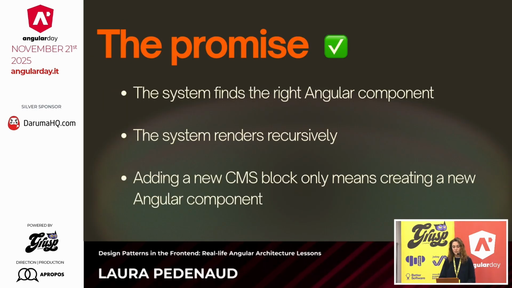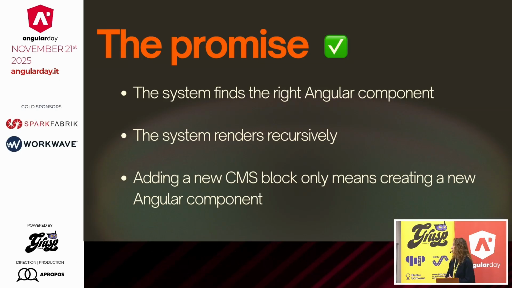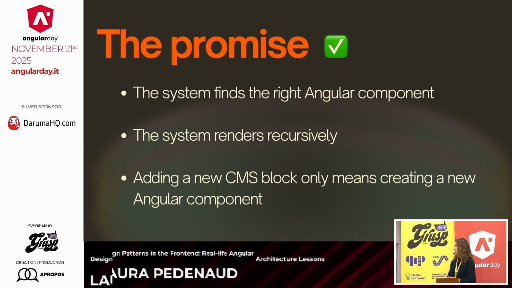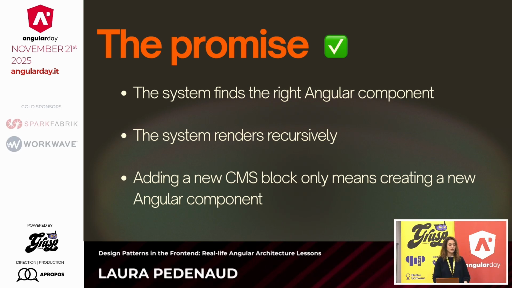So we respected the promise. The system finds the right Angular component, it renders it recursively, and adding a new CMS block only means creating a new Angular component. We don't have to touch the engine when we want to add a new content.